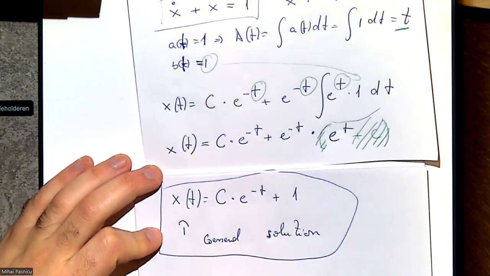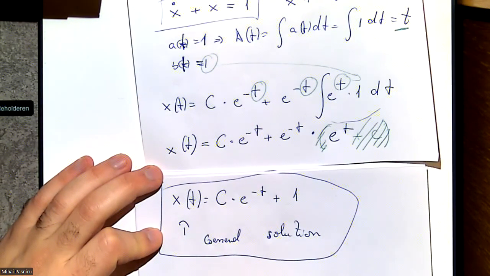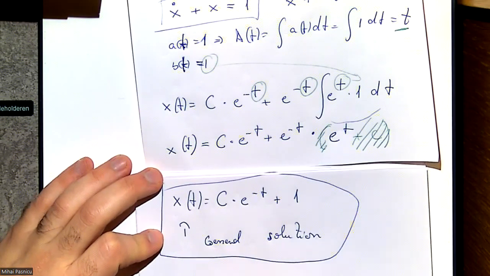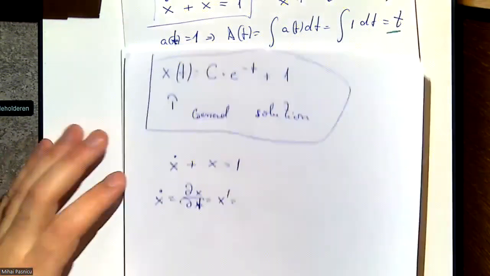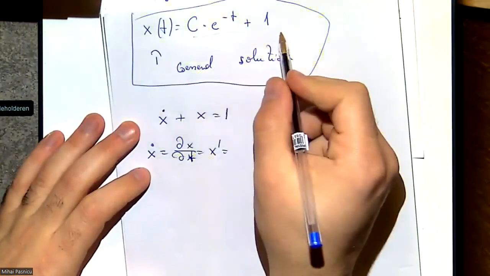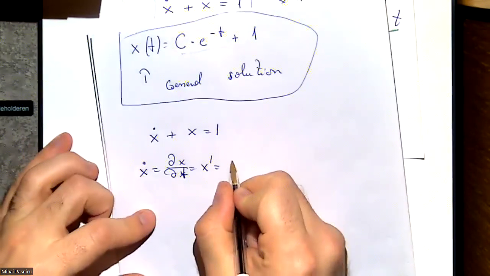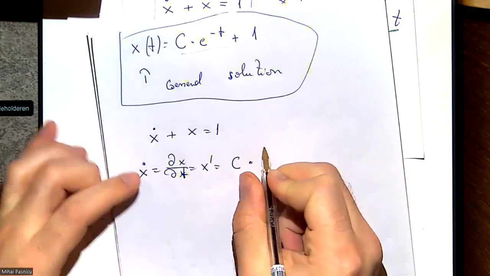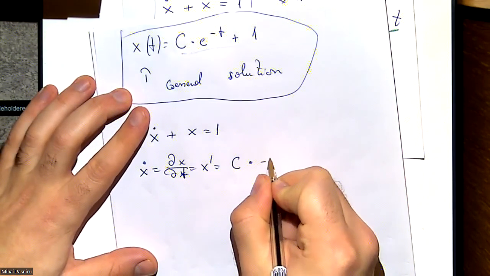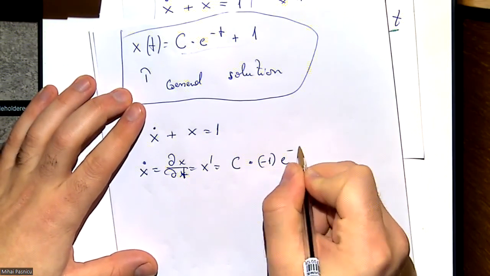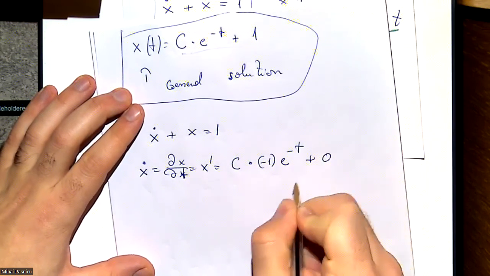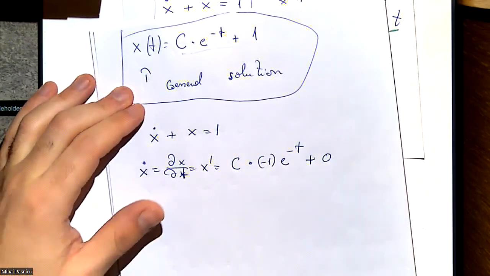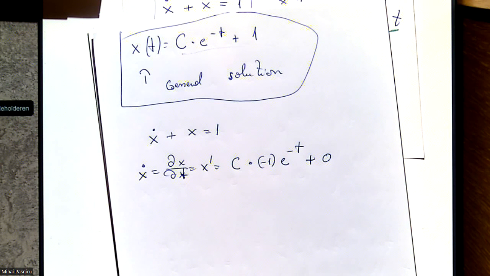So what is x dot, which is equal to dx/dt, which is x prime. I just take a derivative of this thing. So that's just equal to c times minus 1 e to the minus t plus 0. That is the derivative.